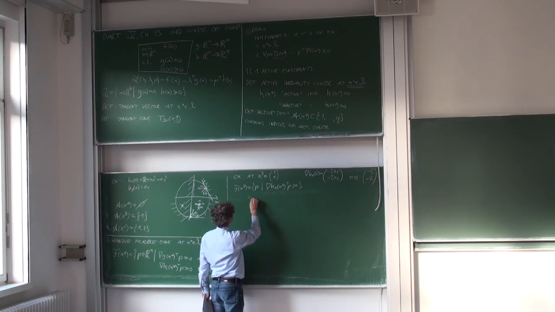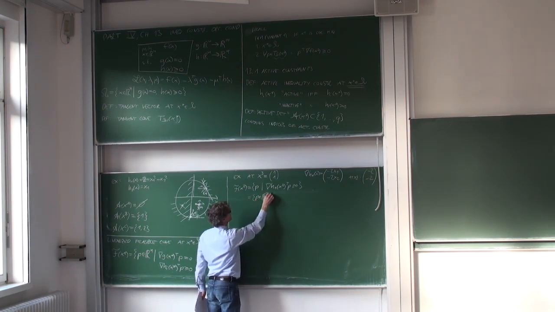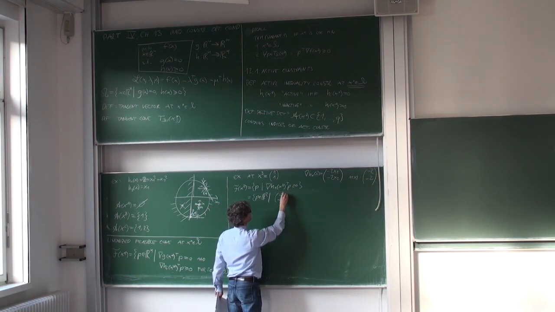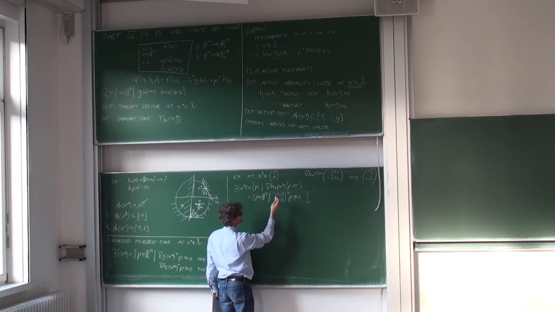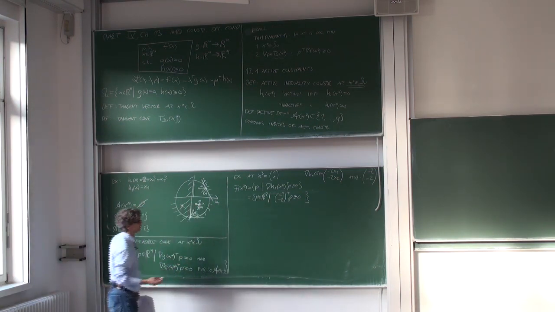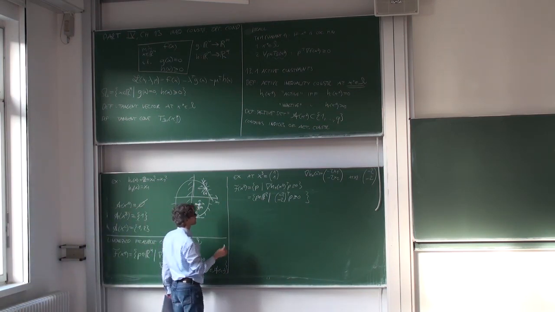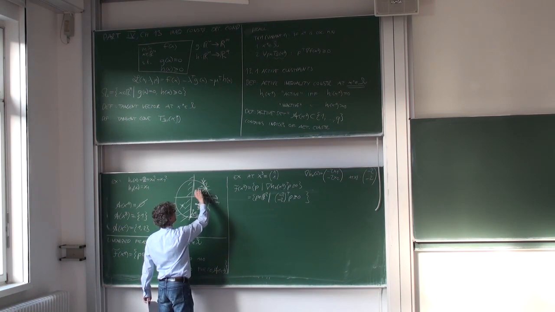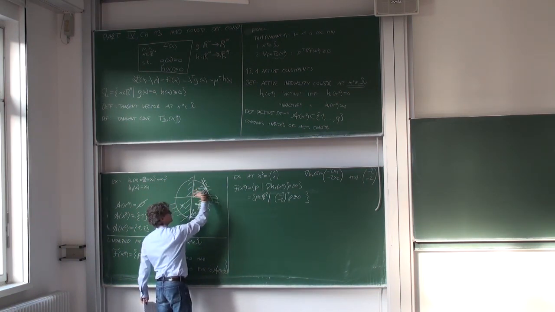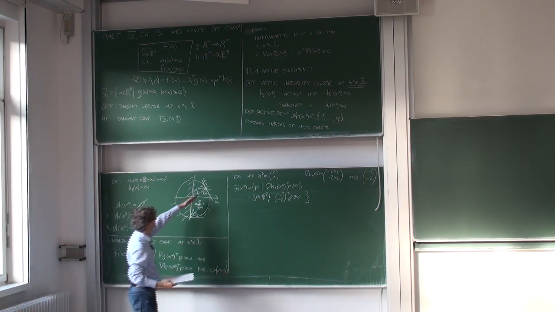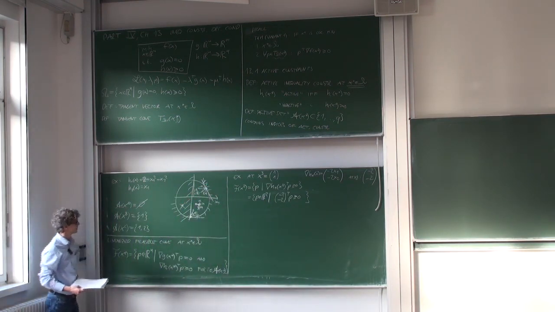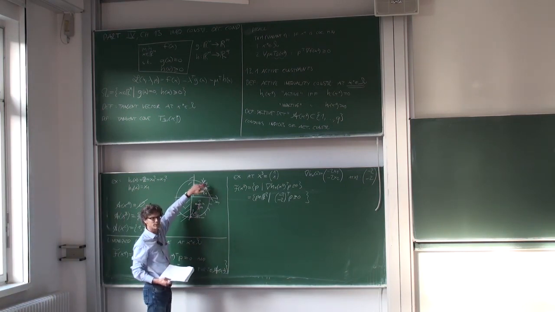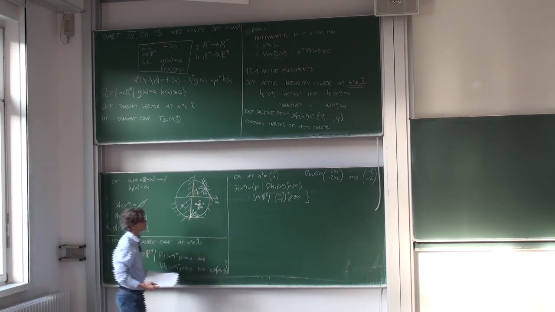So this will be the set of all p element in R^2, so that (minus 2, minus 2) transpose p is bigger than 0. So it's all the p's which are forming a positive scalar product with (minus 2, minus 2). So this is the vector (minus 2, minus 2). It's pointing in this direction. And all the vectors which have a positive scalar product with it are the vectors which are in this linearized feasible cone. And you get intuitively the picture again. This seems to be a good proxy for the tangent cone.